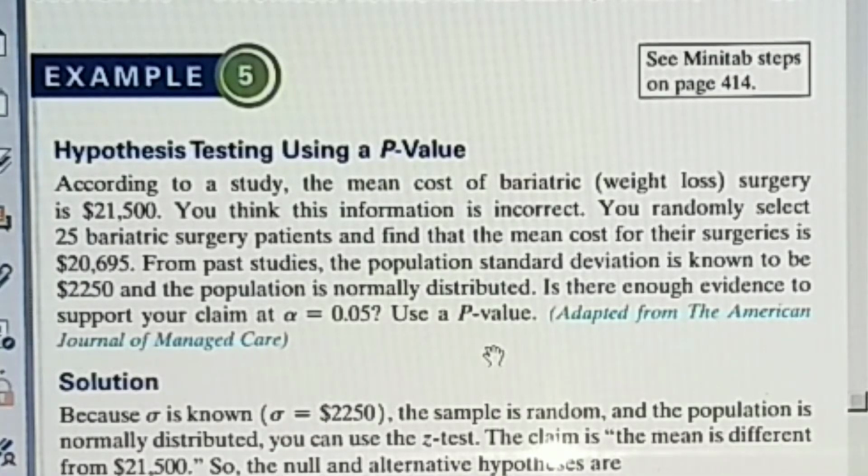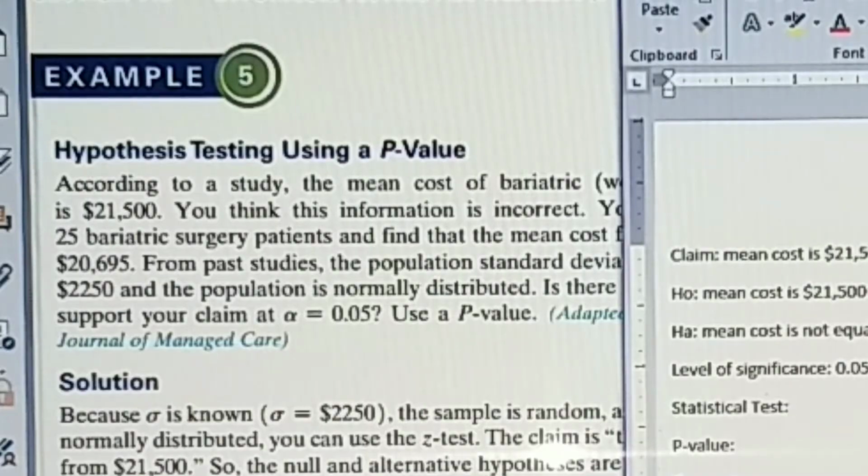And then for the statistical test, let us first analyze the given problem. It says here that the population standard deviation is known and the population is normally distributed. By that, we can use the z-test. So we write here z-test. And then for the p-value, let's look at MegaStat.